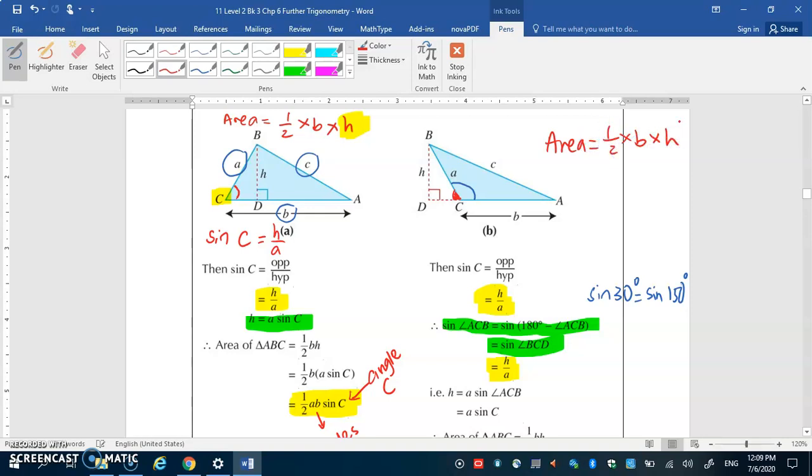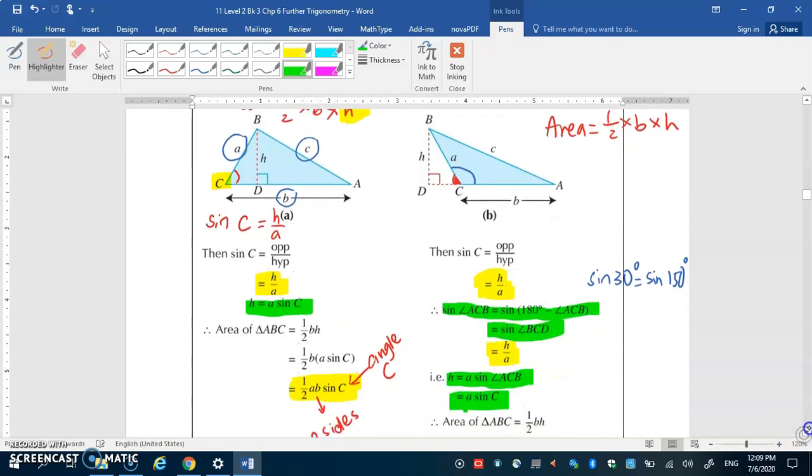So my H is now equal to A times sine ACB, or A times sine C, which is the same thing, because sine C, sine ACB and sine BCD all refer to the same thing. So H is equal to A sine C.